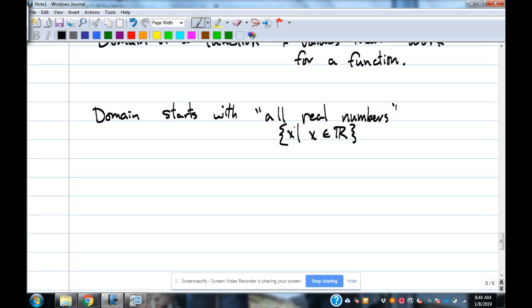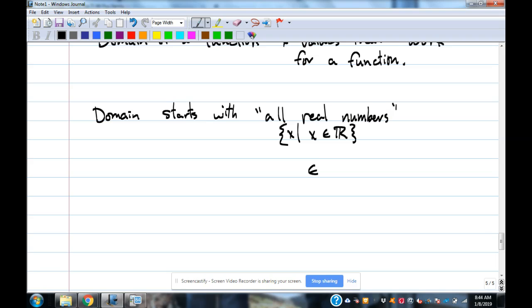And that's how we can notate that in set notation. It says x and then a straight up and down bar such that x, and this is the Greek letter epsilon, it's just like a lowercase c with a little line in the middle. That's how you make that. Just make a lowercase c and then put a little line in the middle. That means x is an element of the real numbers. That's the shorthand way of it.